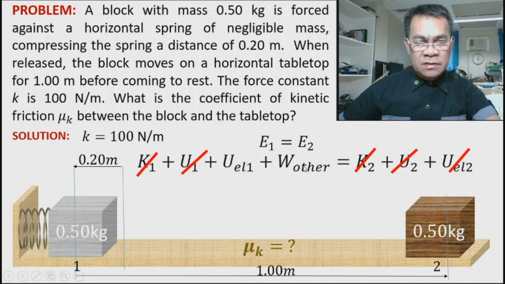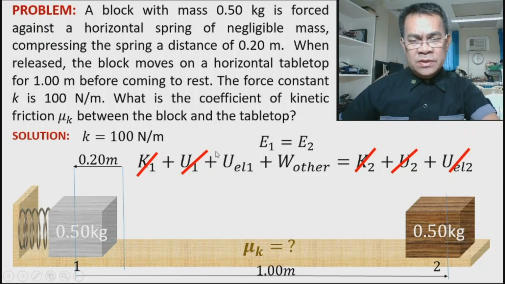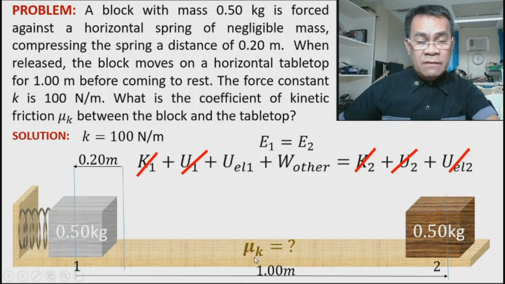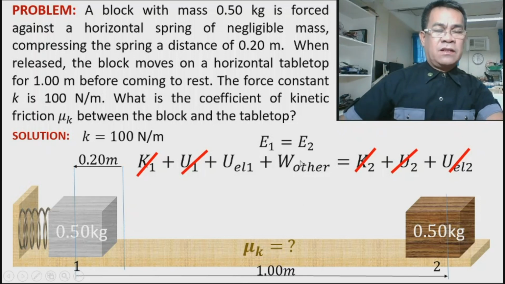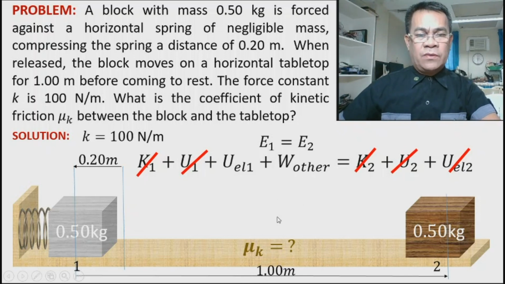And take note, we have only one external force present while moving towards the final. Aside from the gravitational force, because gravitational force is already the potential, we have only the friction. So therefore, the work done by the other is done only by friction. Take note, friction is opposing, it is a negative work done, because it is always 180 degrees from the displacement, so it is opposite. So therefore, it should be negative.